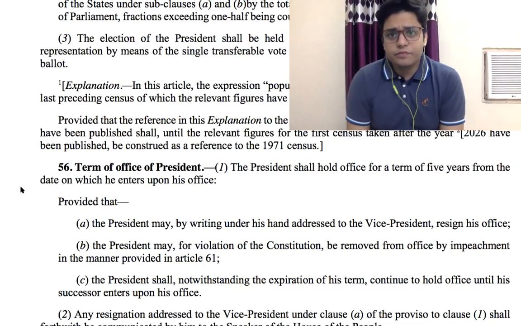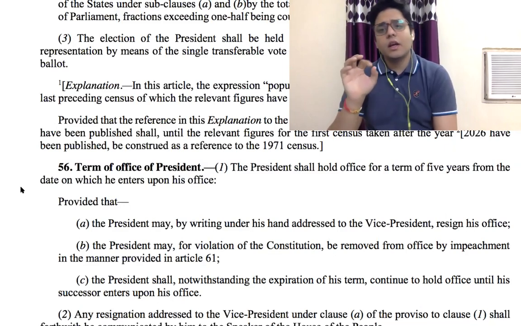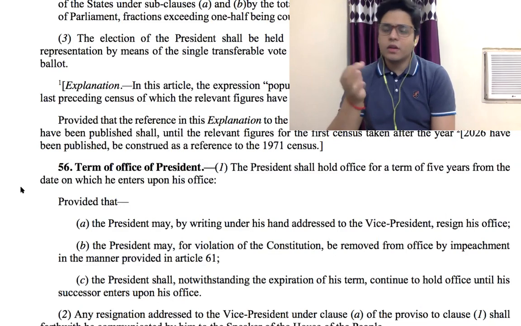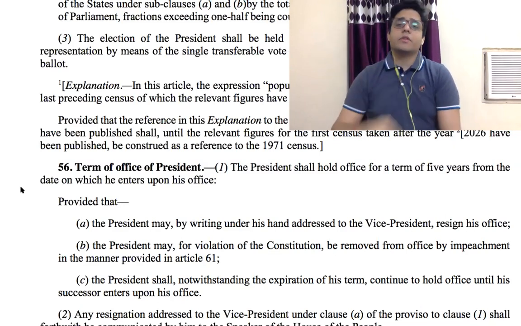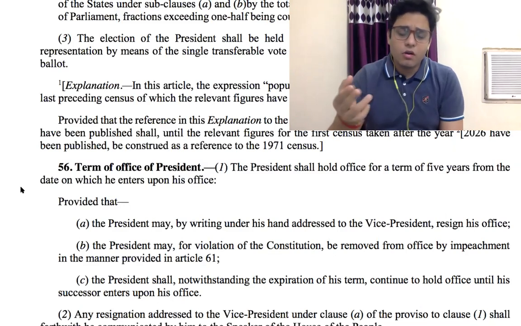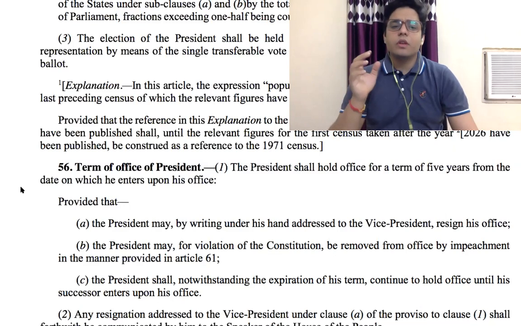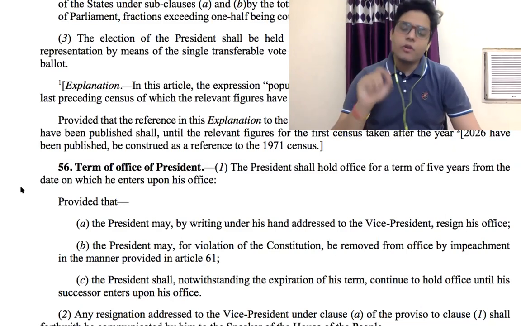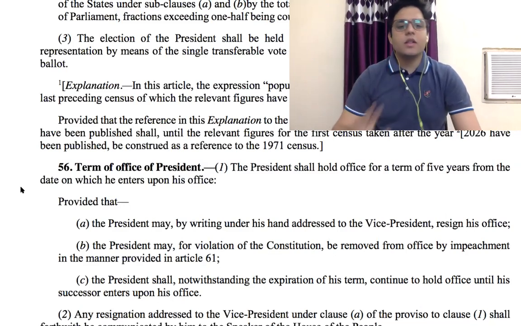So though the president has a term of 5 years, he can resign by giving the resignation to the vice president. And if he violates the provisions of the constitution or commits some high crime, in that case he can also be impeached. What the process of impeachment is will be discussed when we reach Article 61.